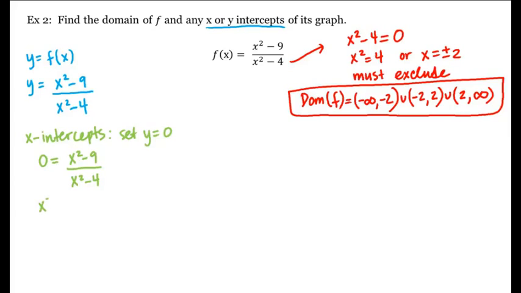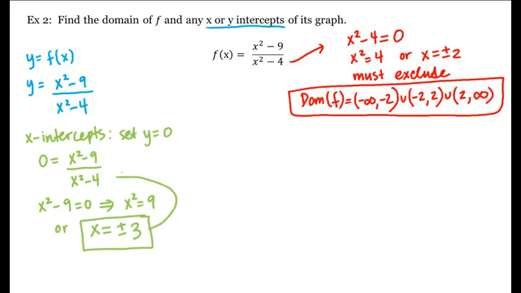So where is our numerator, x squared minus 9, equal to 0? This happens when x squared is equal to 9, or x is equal to plus or minus 3. And neither of these values make our denominator here 0. So they're both x-intercepts.